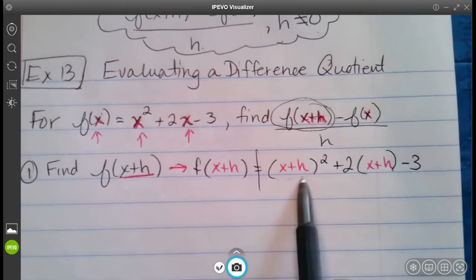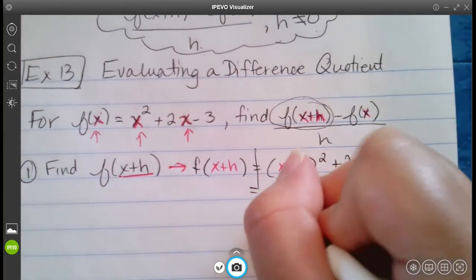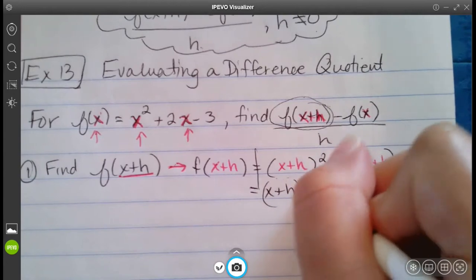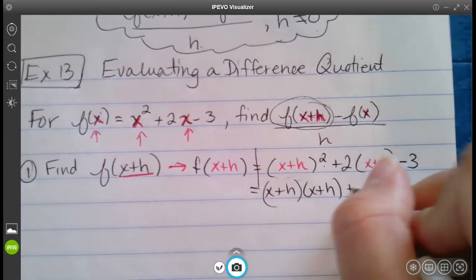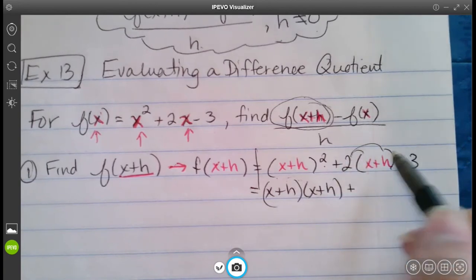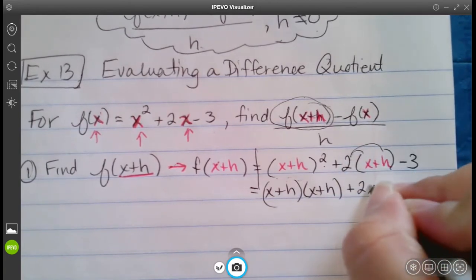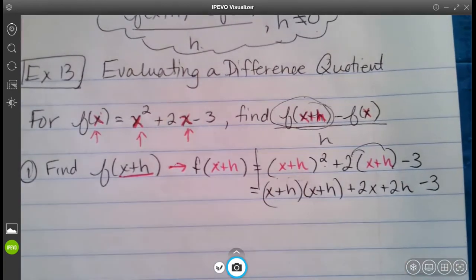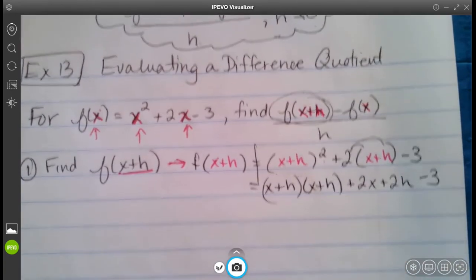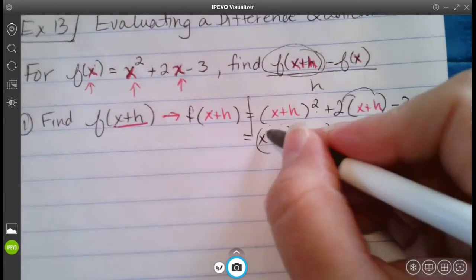This part is going to be x plus h times x plus h, because there's two of them, plus, I'm going to distribute this right off the bat, 2x plus 2h minus 3. Then we're going to FOIL.